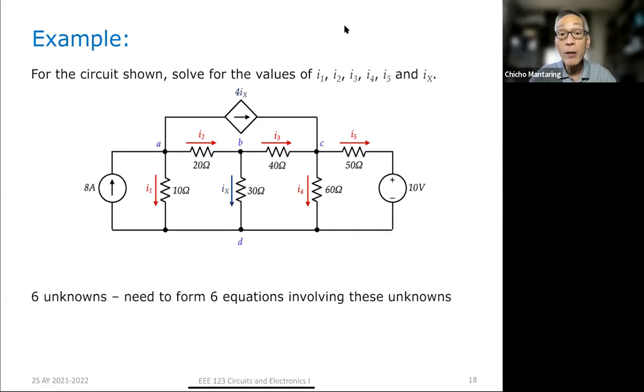I have 4 essential nodes, A, B, C, and D. So these are my essential nodes. Yung isa dun sa essential node na yon, one of those essential nodes, I'm going to assign as my reference. So let's say I make D my reference. No? Let's say I make this my reference.